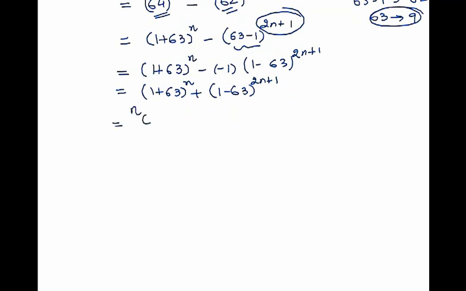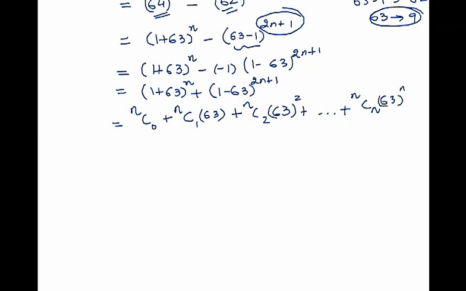So its expansion will be nC0 plus nC1 times 63 plus nC2 63 whole square. It will go like this only till we get nCn 63 to the power n.